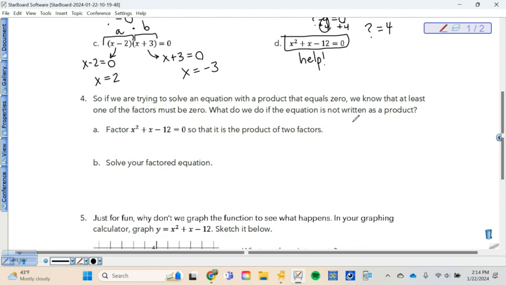Well, for situations like that, we can take this and we can factor it. So let's think about how we factor this. What do I look at first when I'm factoring this? When I want to turn it into factored form, what do I look at first?